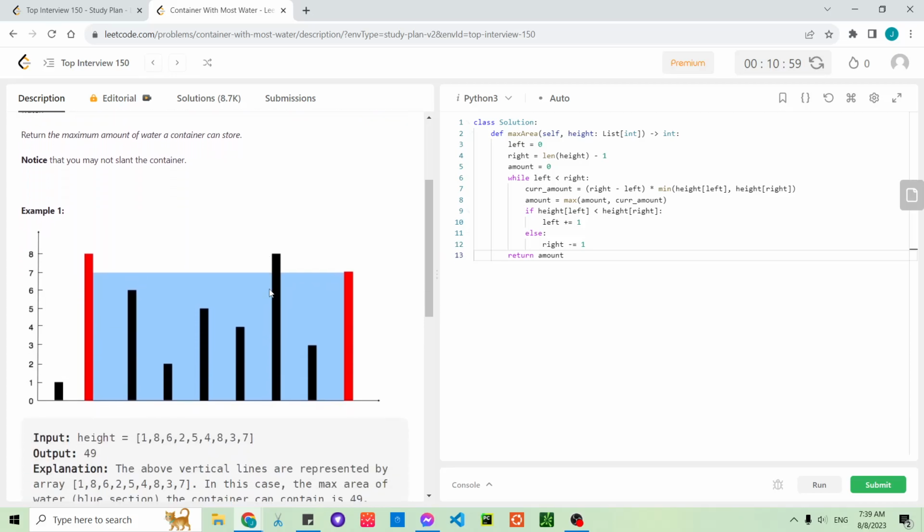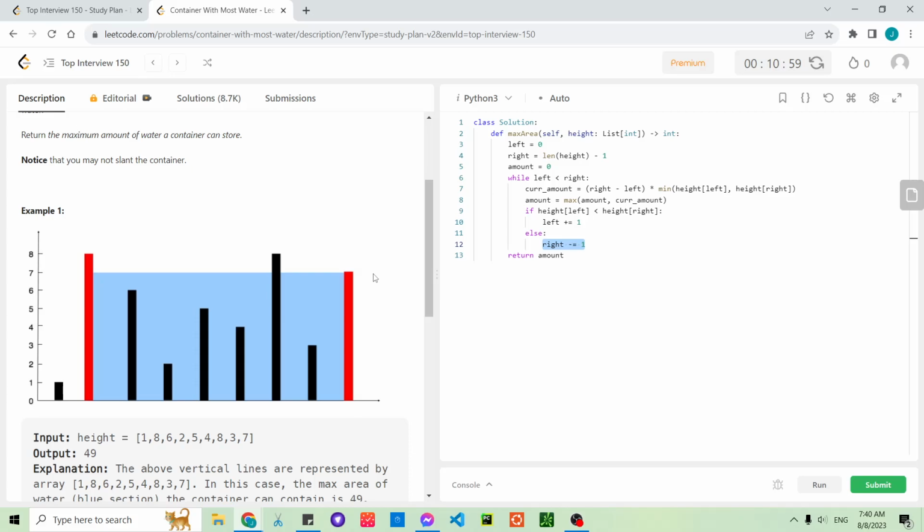Okay, so back to the case when it's the same, because right now if it's the same we're just decrementing the right pointer. So when one is the same, I guess we could think in this way.